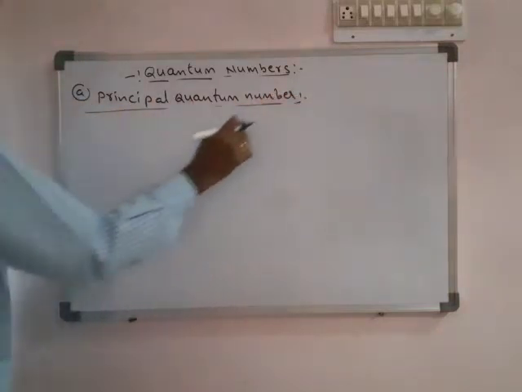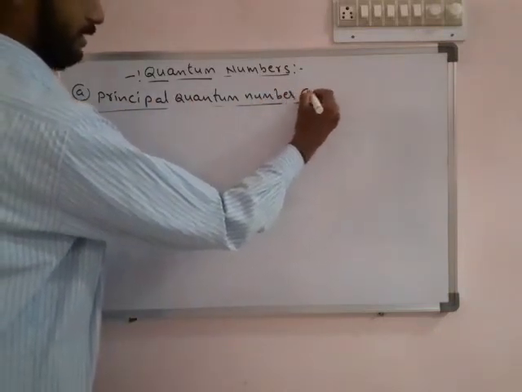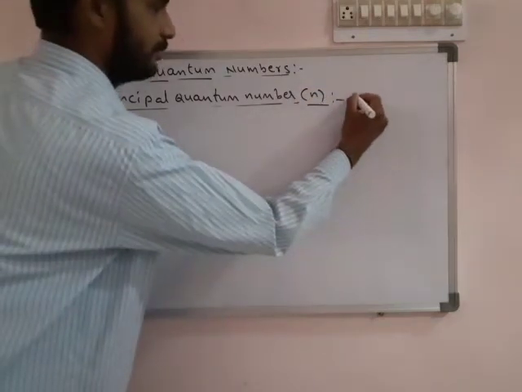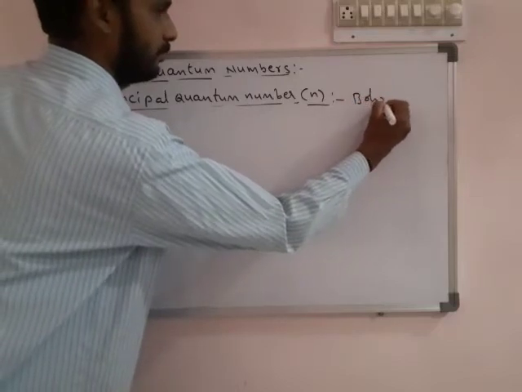It is denoted by the letter small n. It was introduced by Niels Bohr.